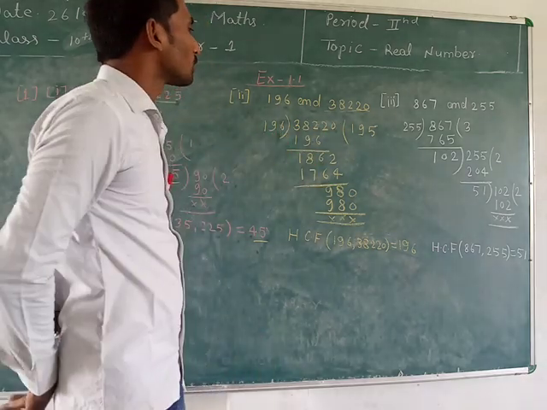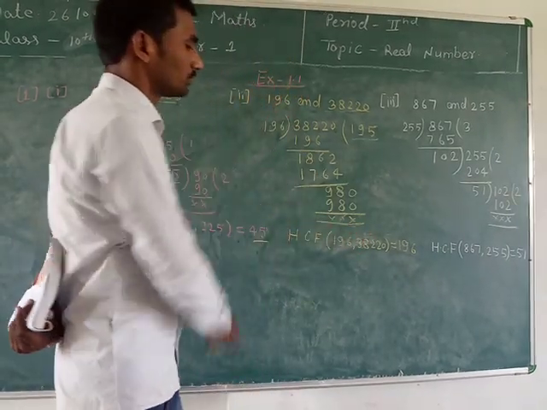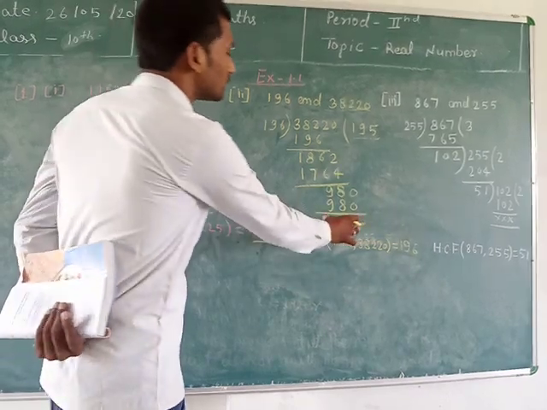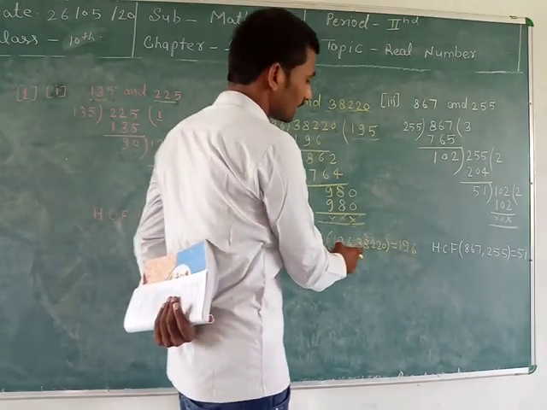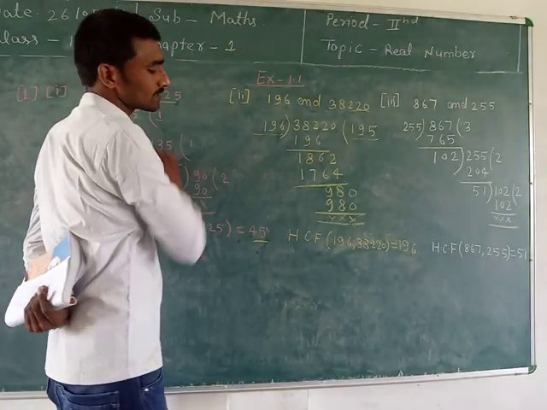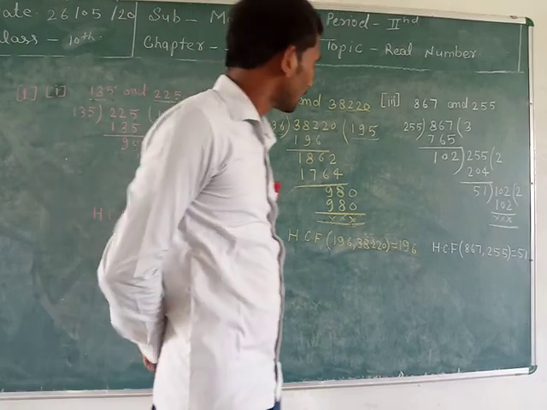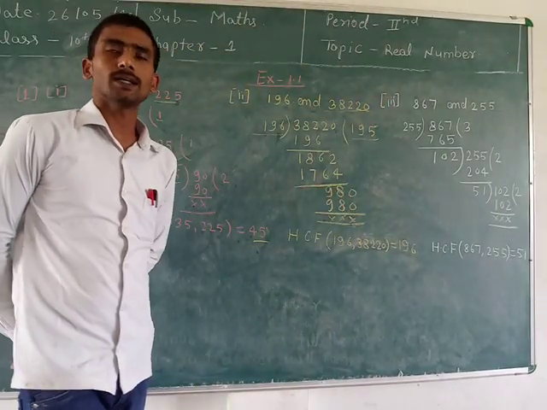When we divide, we get quotient 195 and remainder 0. Now remainder is 0, so the divisor will be the HCF of 196 and 38,220.